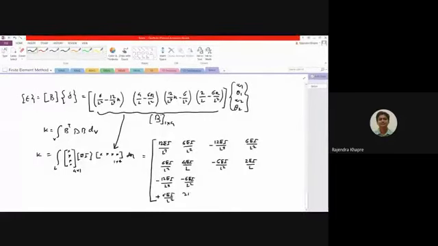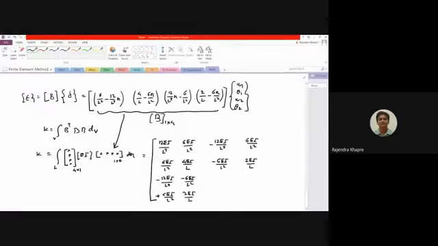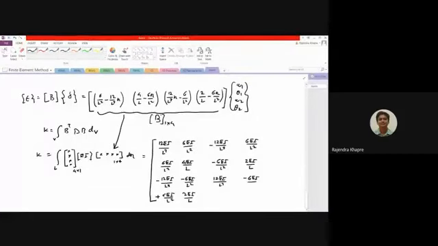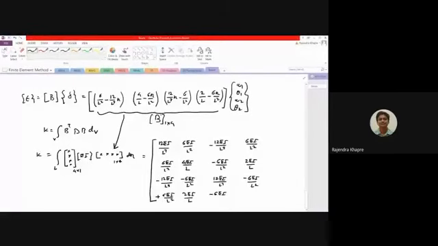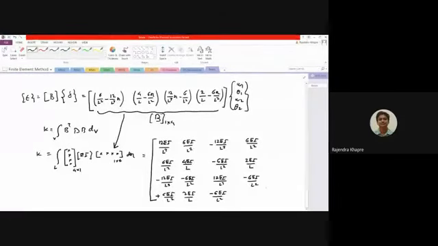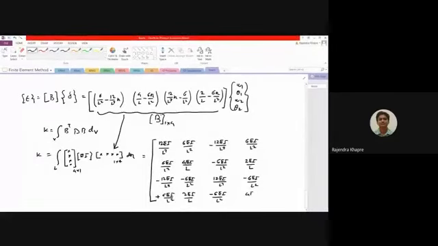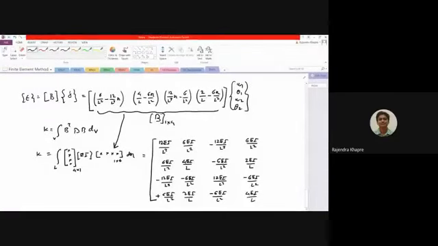And this is 2 EI upon L. Then this diagonal is 12 EI upon L cube, and this is minus 6 EI by L square. This is minus 6 EI by L square, and lastly this is 4 EI upon L.